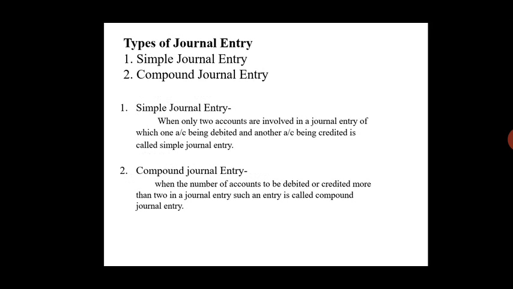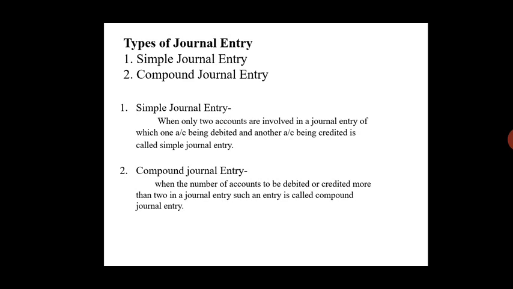Or you can say there are other ways also. For that purpose, two or more simple entries can be combined into a compound journal entry if two conditions are satisfied. The first condition is that the two or more simple journal entries are passed on the same date.